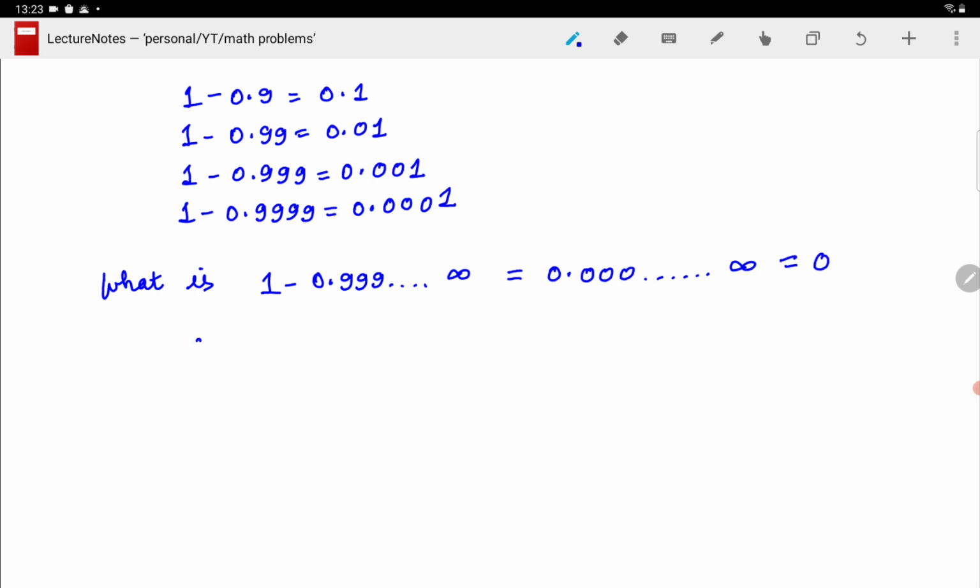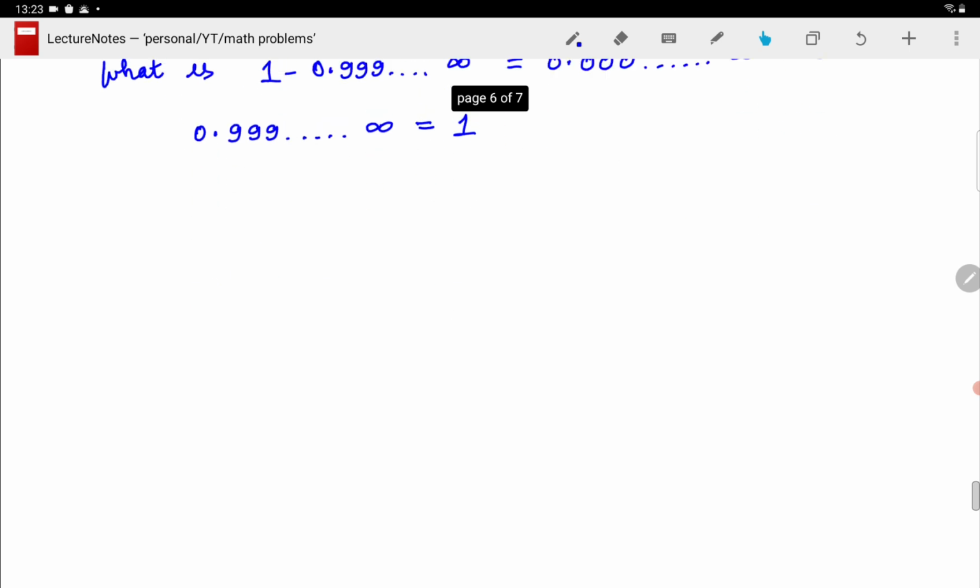And so once again, 0.999 extended to infinity equals 1. Now we move on to the third method. We use the concept of an infinite series. So the third method is the infinite series method.